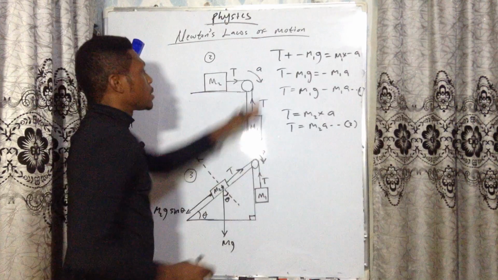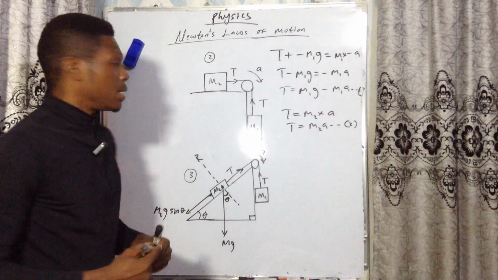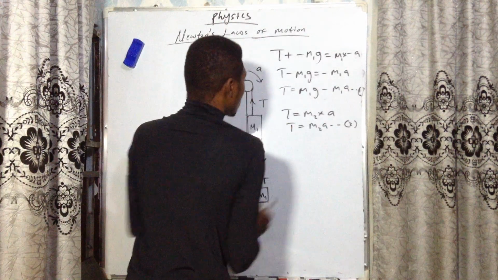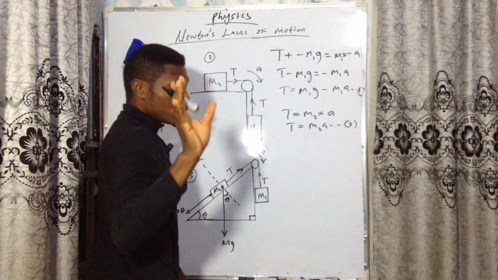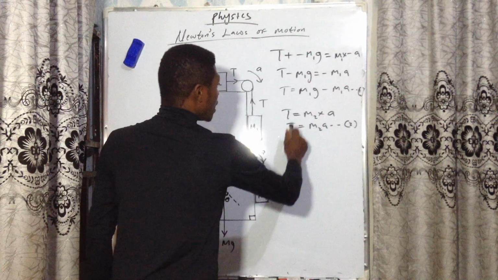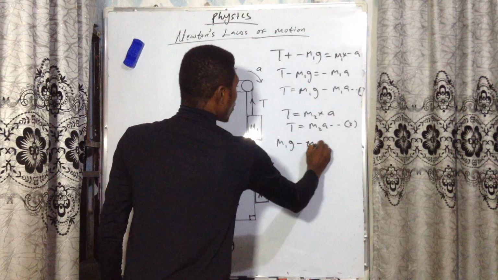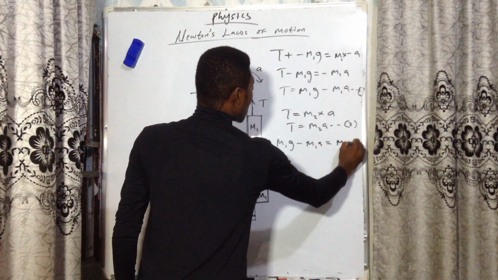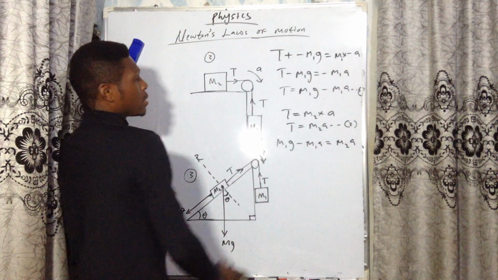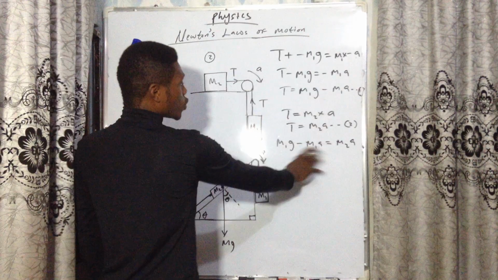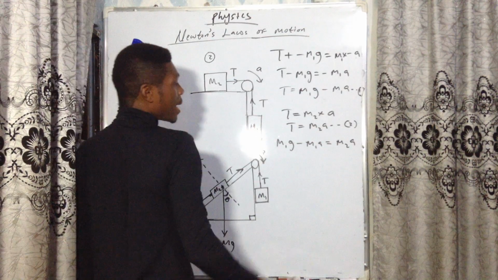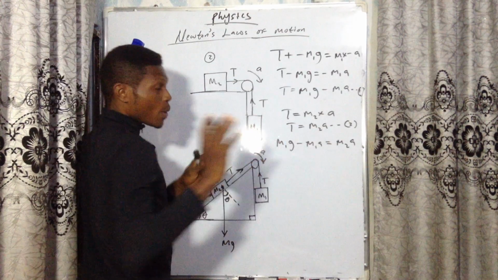So when you equate the two expressions, we have that M1G minus M1A is equal to M2A. That is bringing together equation 1 and equation 2. So remember, we are looking for the expression for A, the acceleration.